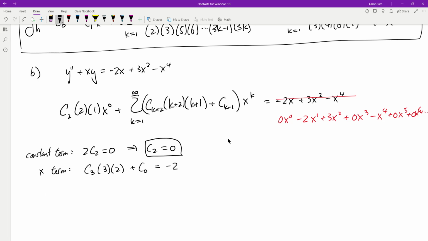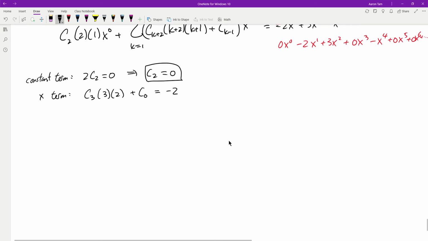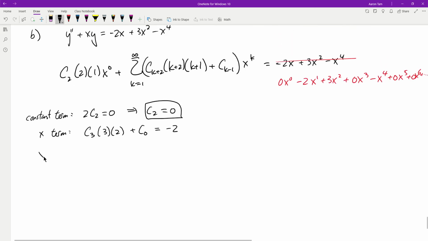I'm going to do a few more just to hopefully help me establish some kind of pattern. So x squared would be putting in 2 for k. So I would have c sub 4 times 4 times 3 plus c sub 1, and that equals 3 on the other side.